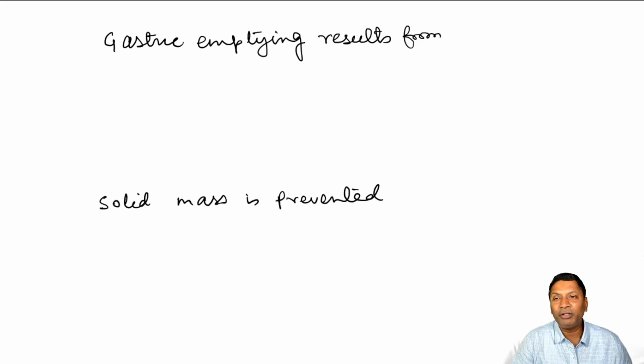So what is the cause of this gastric emptying? This gastric emptying results from the progressive wave of contraction from the fundus to the body, to the antrum, to the pylorus, and to the duodenum. So there is a progressive and sequential contraction of the various parts of the stomach which results in the gastric emptying.